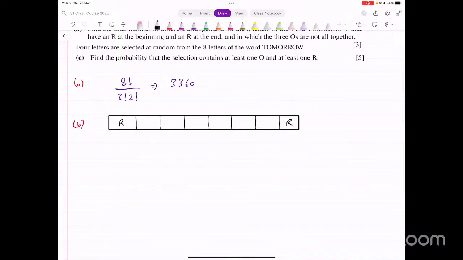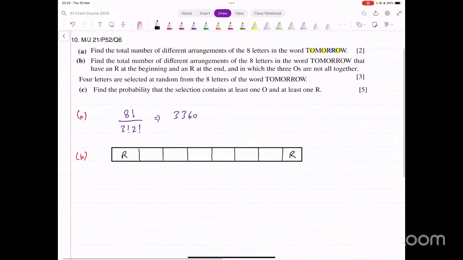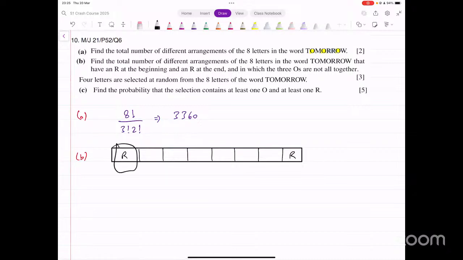Now these R's are fixed. They cannot change. There are only 2 R's and they are fixed in these positions. Their arrangements with each other also do not matter because the R's are identical. It doesn't matter which R is at the beginning, which R is at the end. That is not important because they're both identical. So R's are fixed. Okay, they're not going to change.